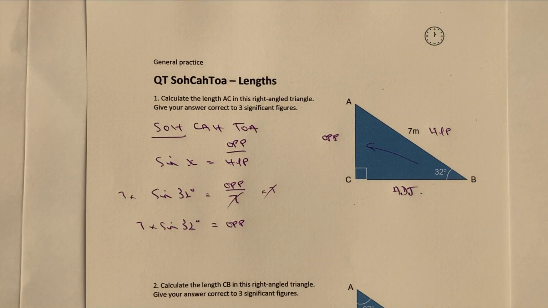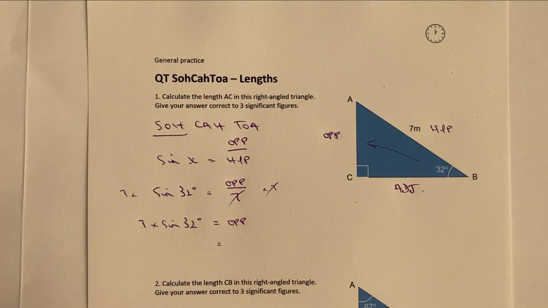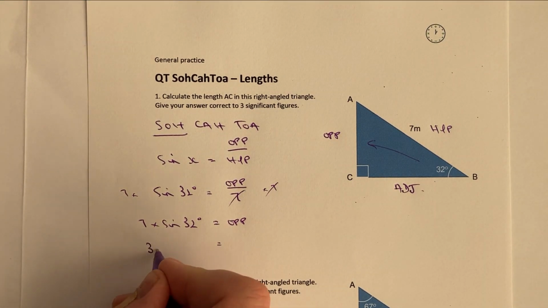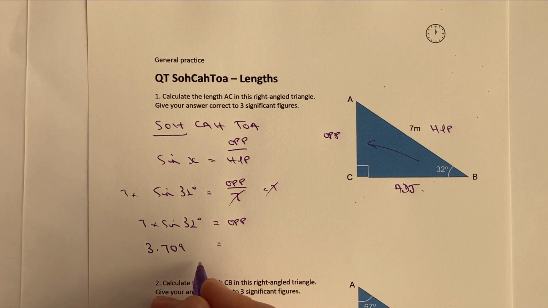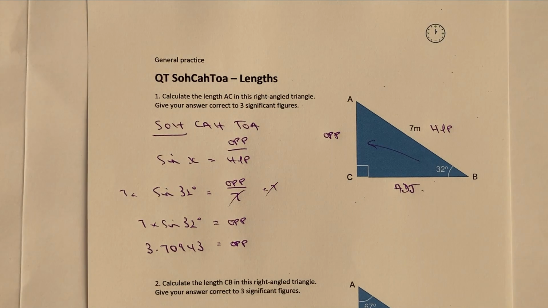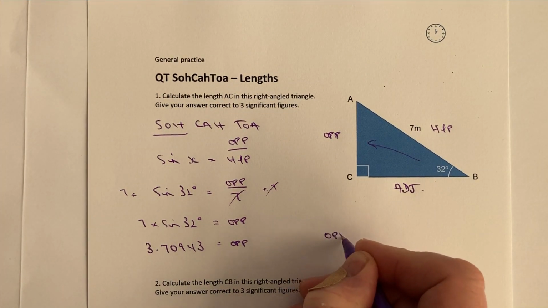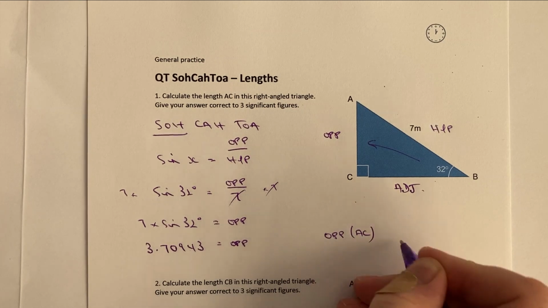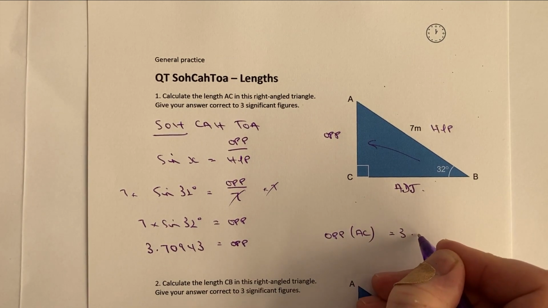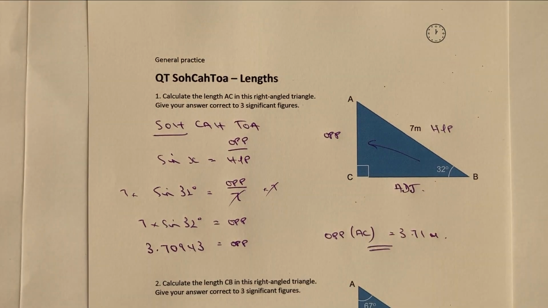Okay, if I pop that into a calculator, I'm going to get a value of roundabout 3.70943 is the opposite. Okay, now the question has asked us to write that to three significant figures. So my answer would be that the opposite, which is length AC, is going to be equal to 3.71 meters.